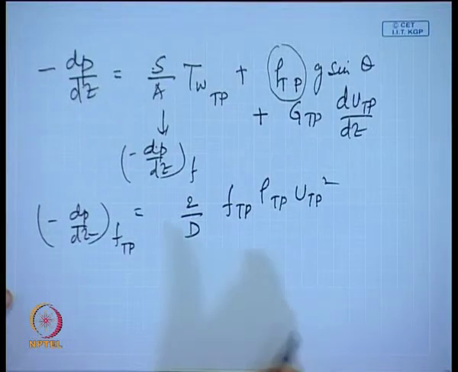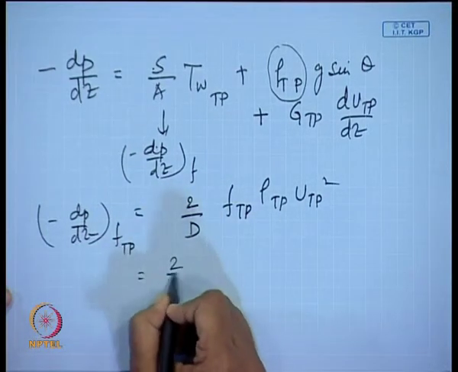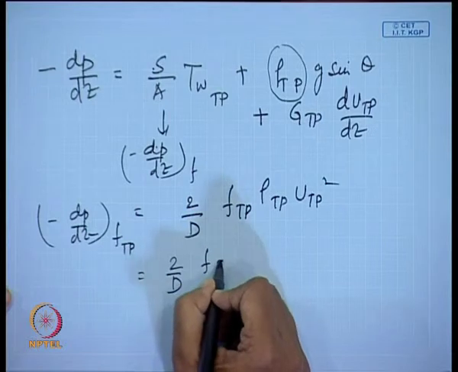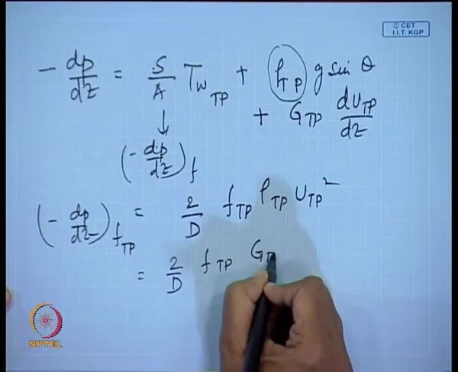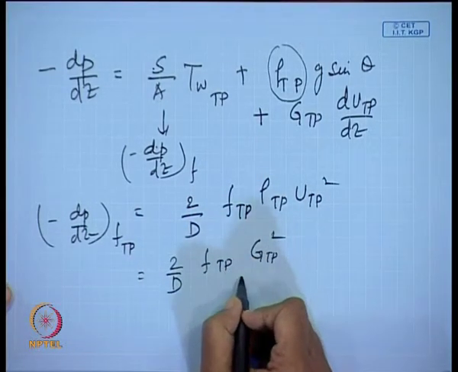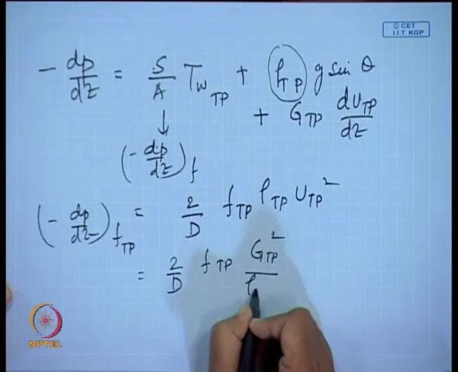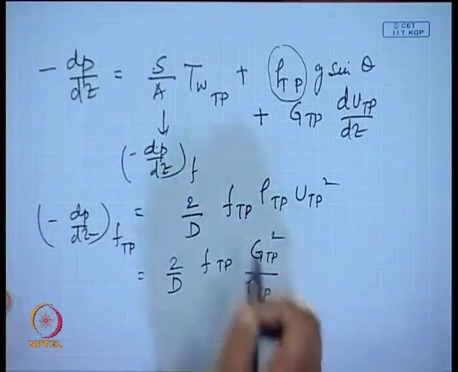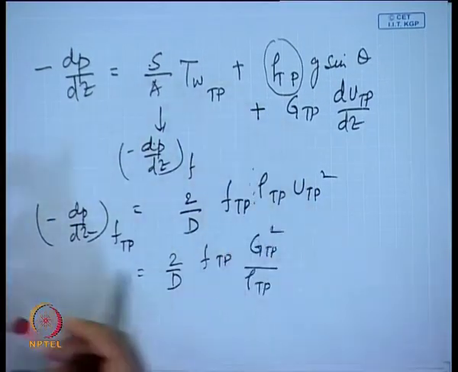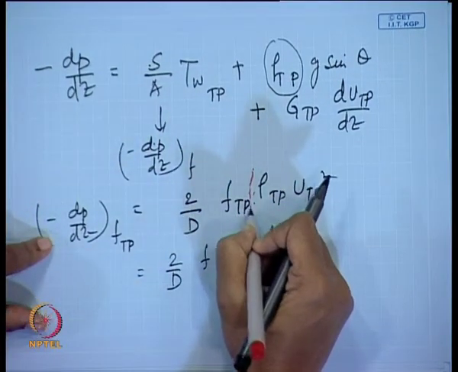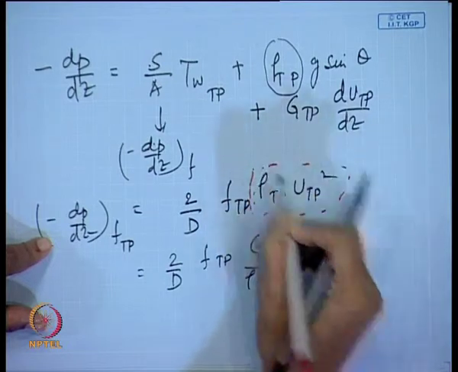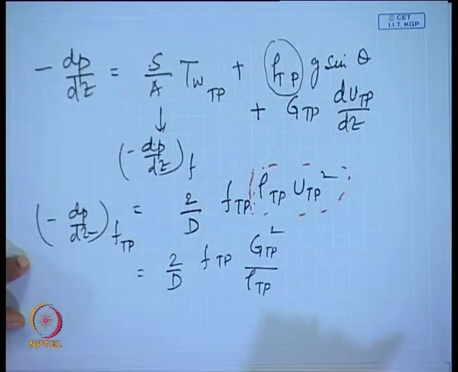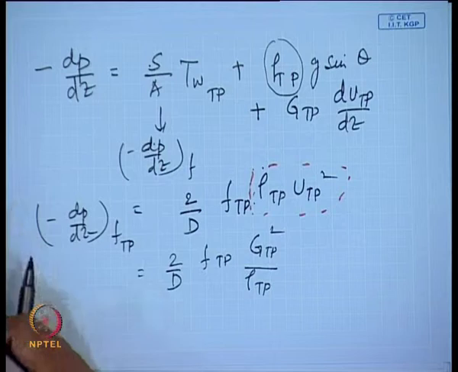So, or in other words, this can be written down as 2 TP FTP G square by rho. Can we write it down in this particular term? We are replacing this with G square by rho TP. Okay.